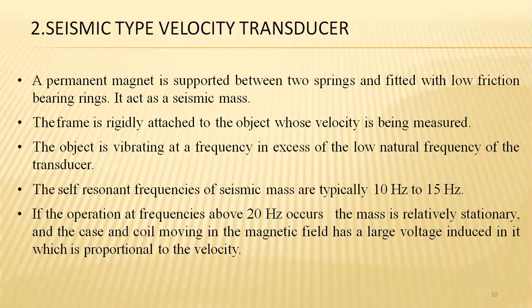Particularly here, the object will vibrate at a frequency in excess of the low natural frequency of the transducer, which leads to a resonance factor. Here, the self-resonant frequency of the seismic mass typically ranges between 10 Hz and 15 Hz.